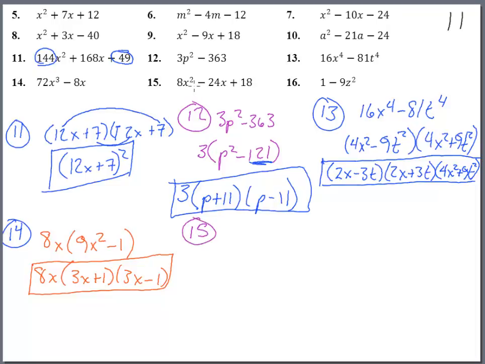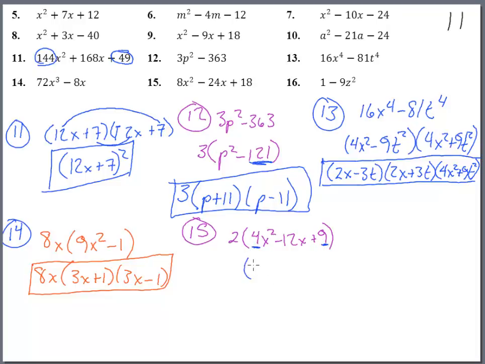So here we have 8x squared minus 24x plus 18. Is there anything common there? 2? I think a 2 is all we've got. So if we take out a 2, we've got 4x squared minus 12x plus a 9. Oh, look at that. These are some special numbers here, a 4 and a 9. Those are perfect squares.